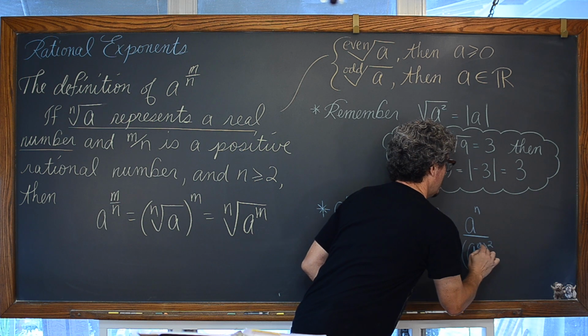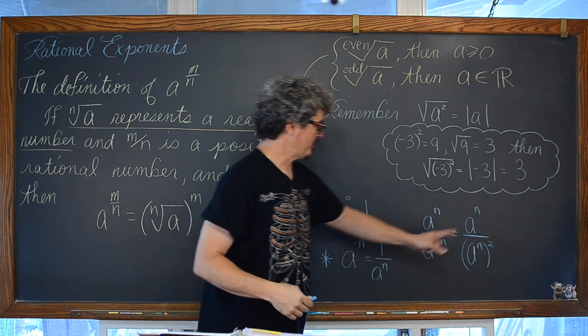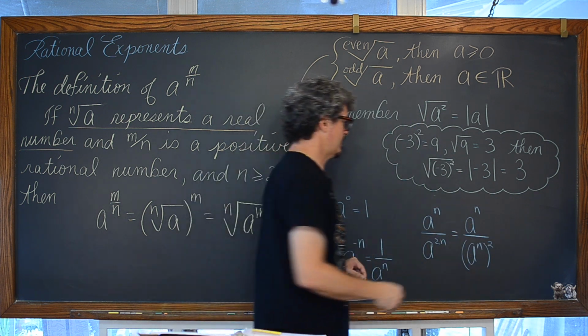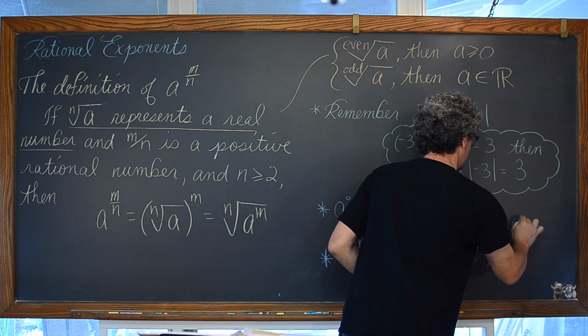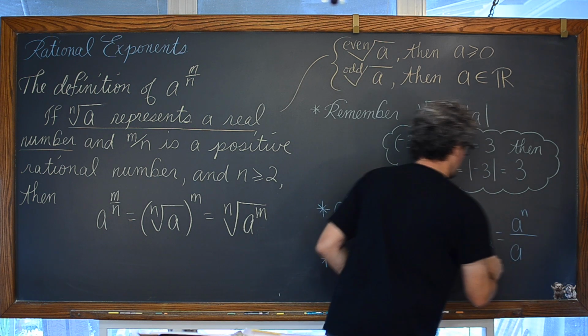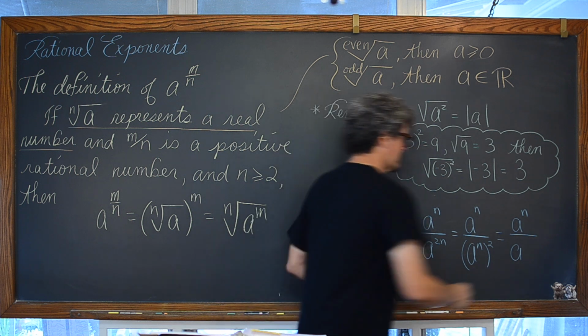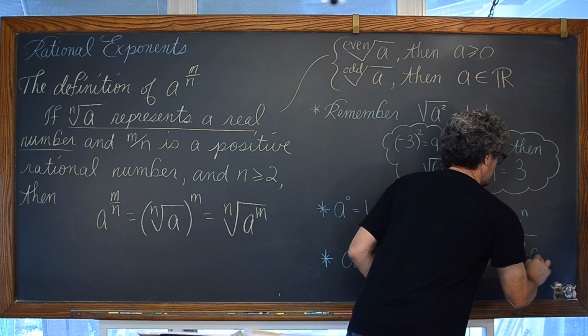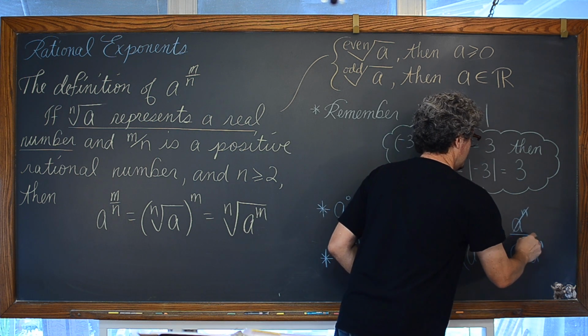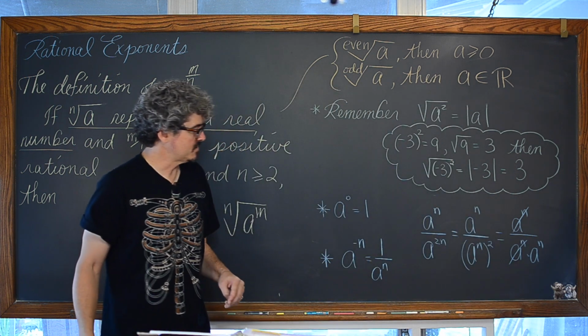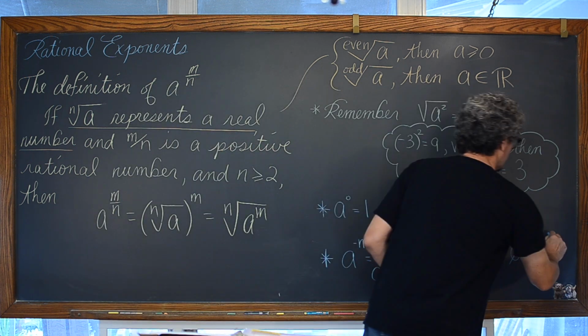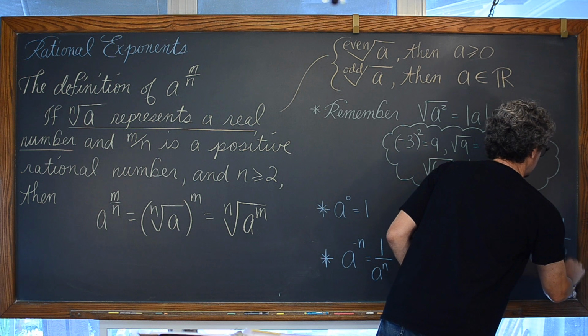When you have a power to a power, that's your multiplication property of exponents. And now we're looking at a to the n over a to the n squared, which just means we have two of those bases, a to the n times a to the n, and anything divided by itself is equal to 1. So we're looking at 1 over a to the n.